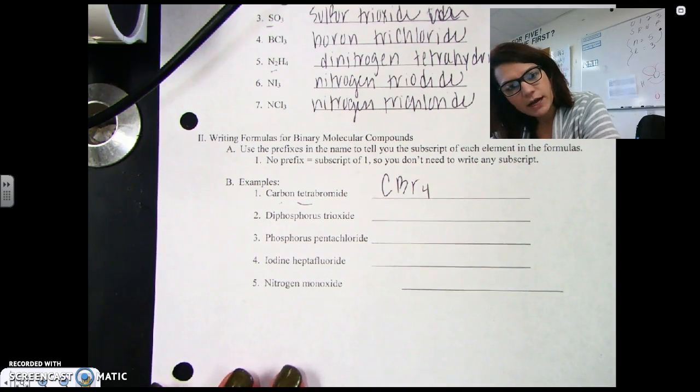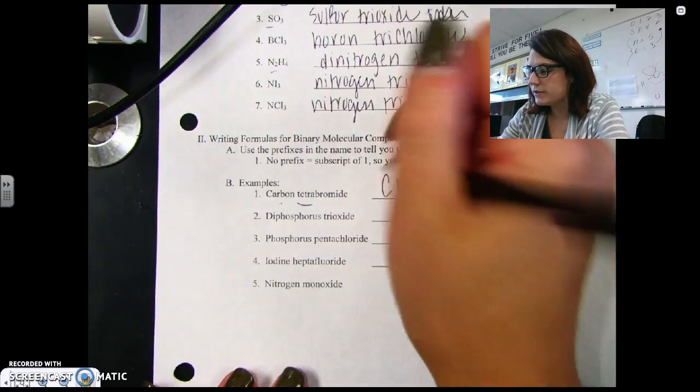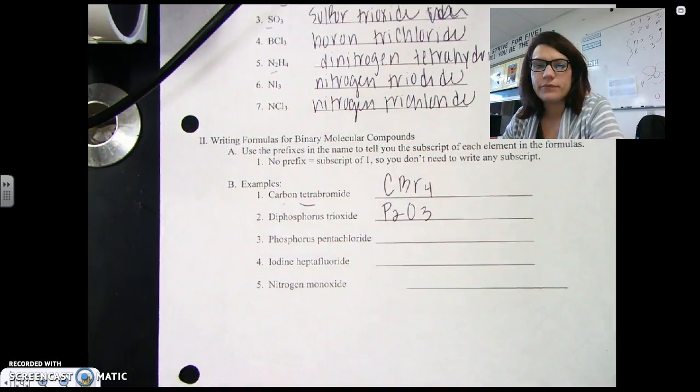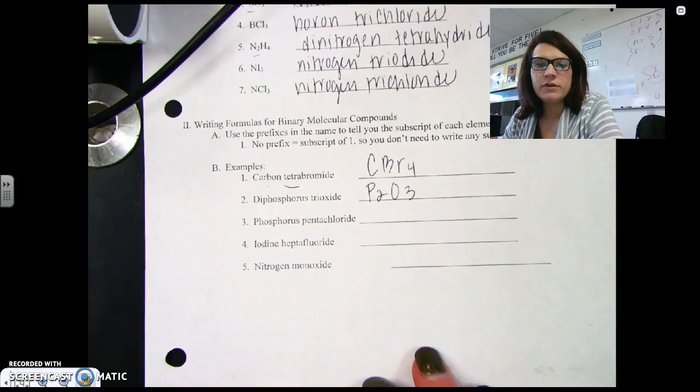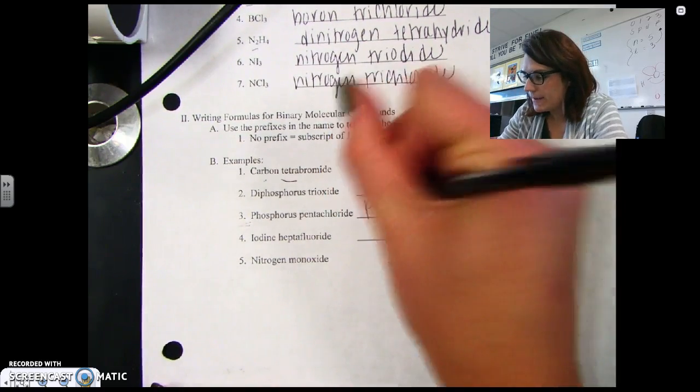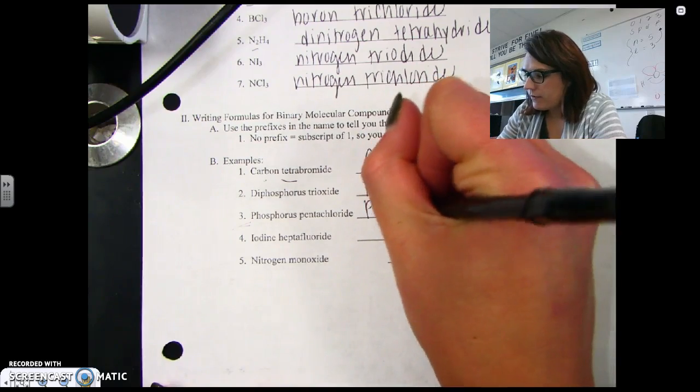Diphosphorus trioxide, okay? So the di is attached to phosphorus, so it'll be P2O3, okay? Phosphorus pentachloride, so no mono, no prefix, so it's just PCl5.